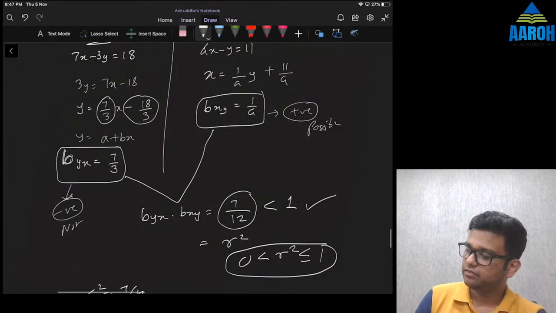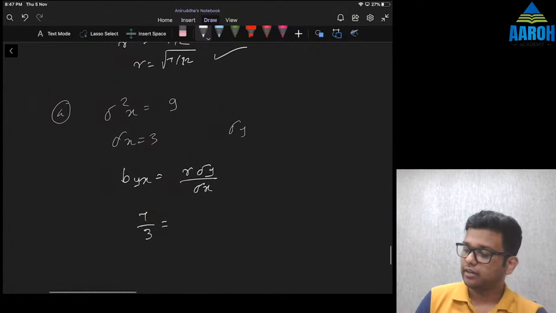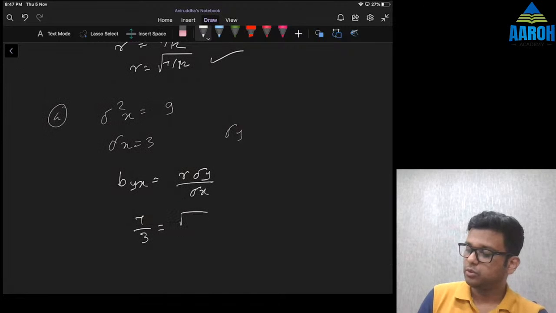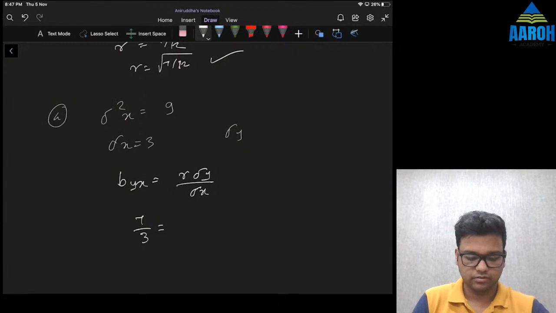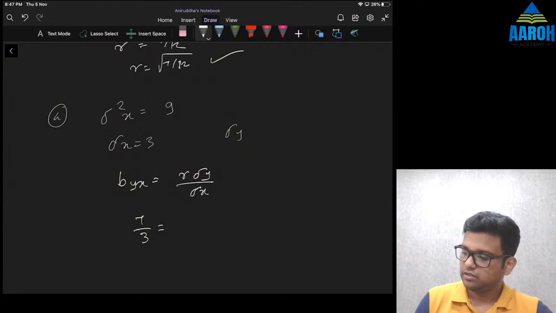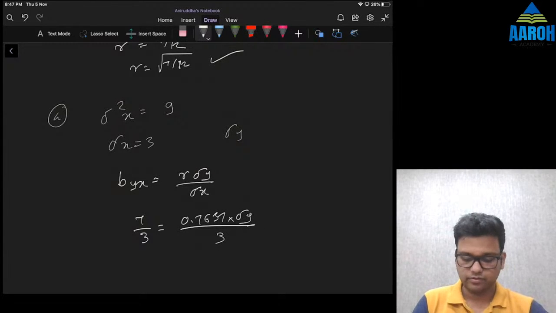Byx we have 7 by 3, is equal to r, and r also we have, root of 7 by 12. Whatever that is, let's calculate. 0.7637 something into sigma y upon sigma x, which is 3. So let's rearrange this to get the answer.